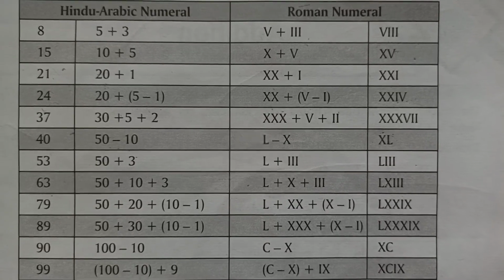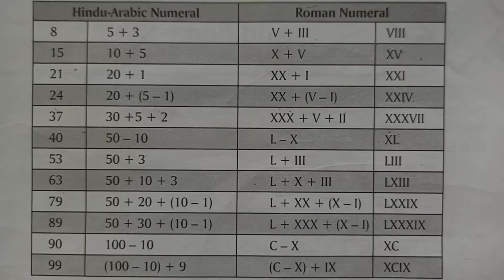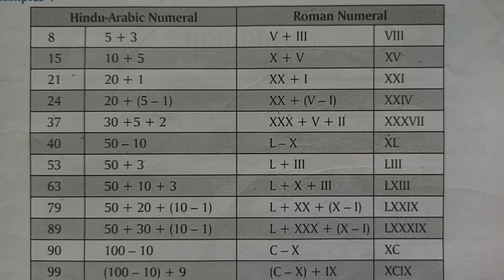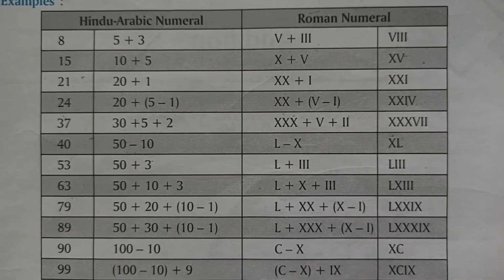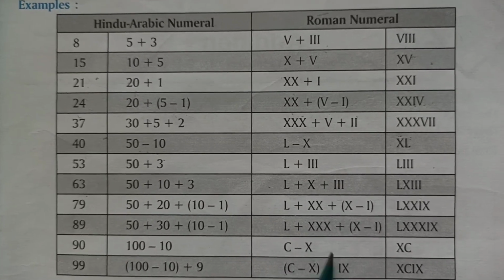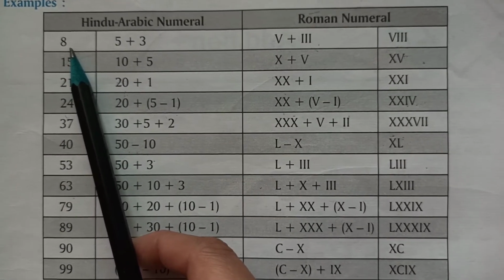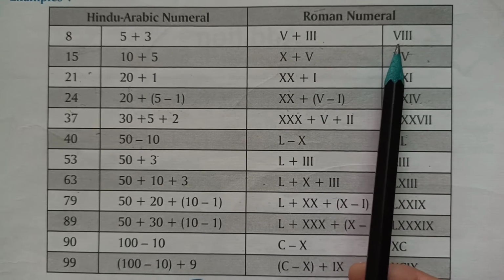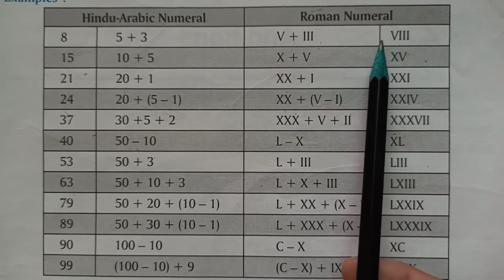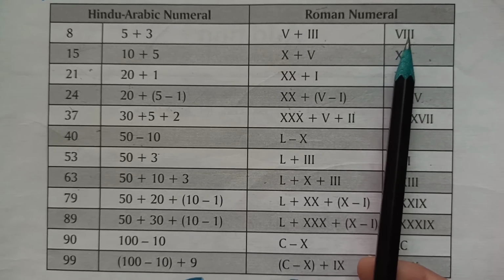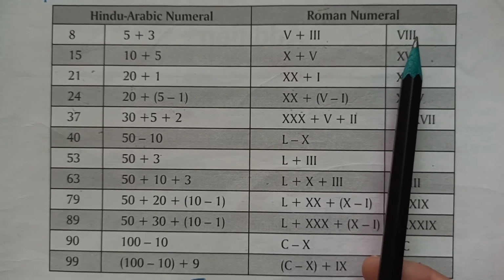Can you see this picture, students? Here are a few numbers written in Hindu-Arabic form and they have shown us how to write them in the Roman form. The first number is 8. So how do we write it in the Roman form? You can see here in the last column, VIII. V means 5 and I is written 3 times.